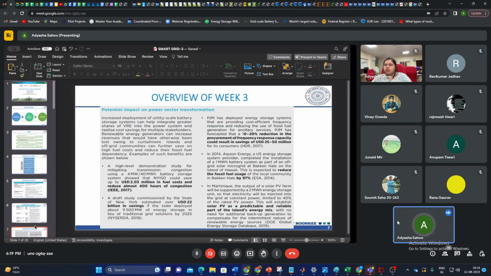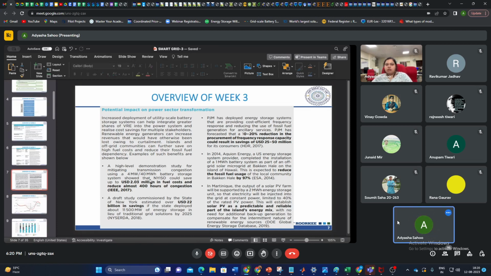And basically, we'll try to see some numbers on how these are transforming our power system. Some studies have been conducted around the world to show financially how much they are helping in cost savings.